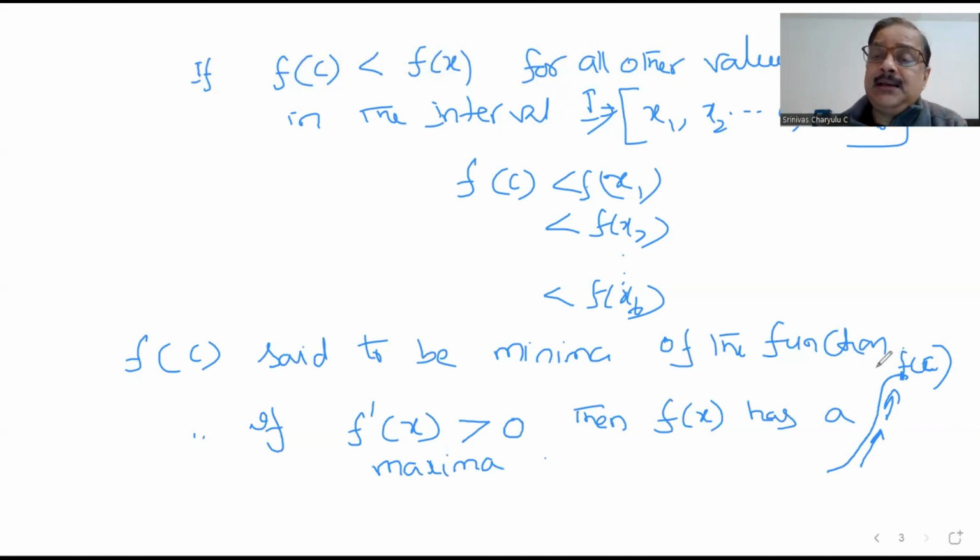After reaching c, I would like to cross check whether it is the only point c or anything else is there. For that, I will define one small interval around the neighborhood of c.